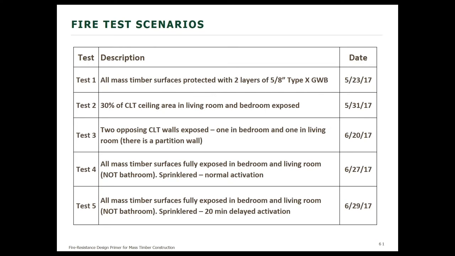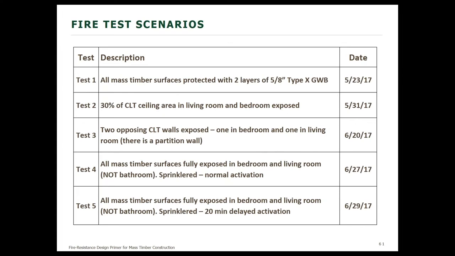You'll note that there is a partition wall, but that was the metal partition wall, and that's not exposed. In test number 4, all mass timber surfaces were fully exposed in the bedroom and living room, and of course not the bathroom, which is constructed completely of metal studs and drywall.